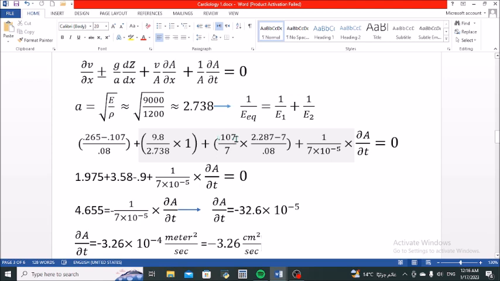and substituting it here, plus v over a, that's the original velocity at the bulge section, which we considered our origin of calculation, over 7. Here I am not calculating the real values, because a and a being multiplied to transform it to meter square, I am just putting 7 and 2.287 minus 7.